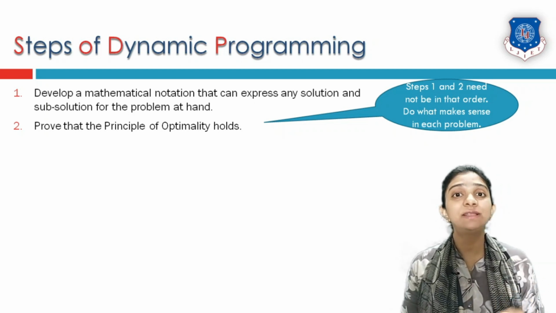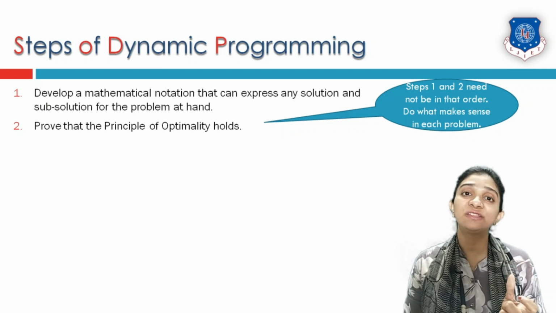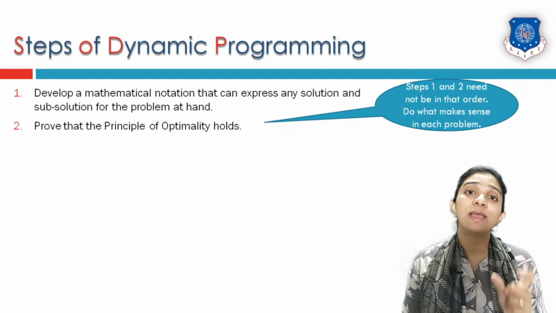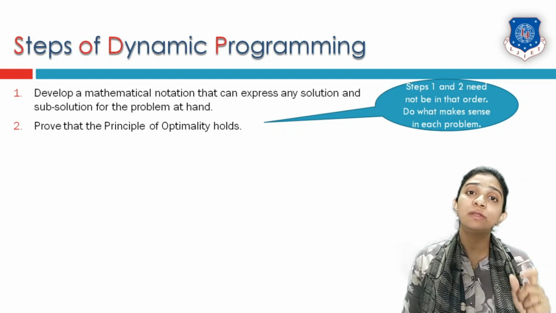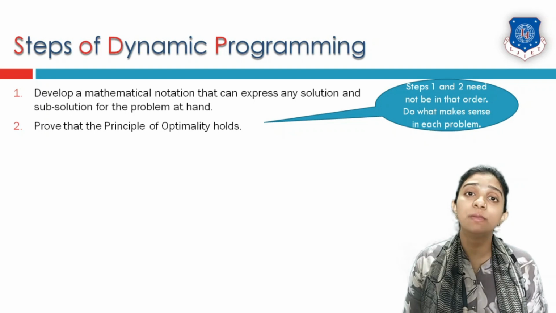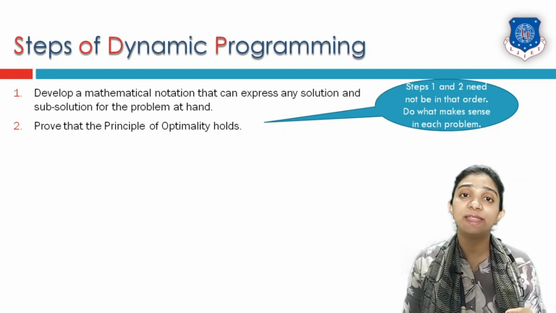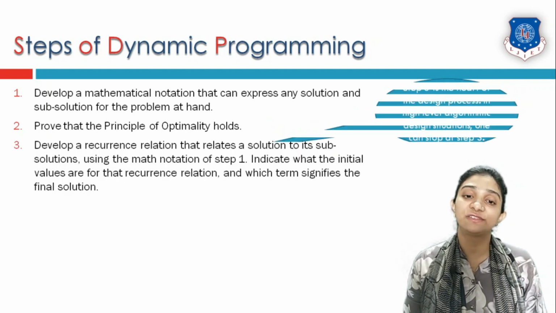Unless we have a mathematical expression to solve the problem and the principle of optimality, which states that the original solution contains the solution of the sub-problem, we cannot progress to the third step.